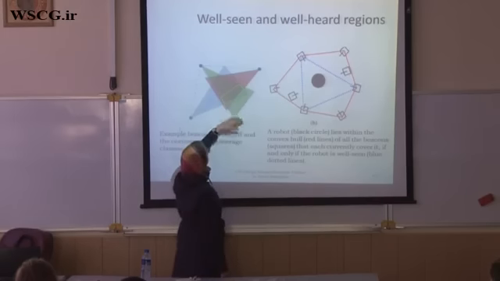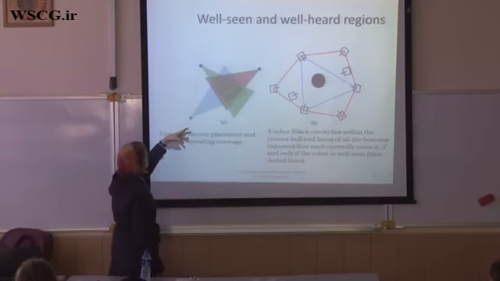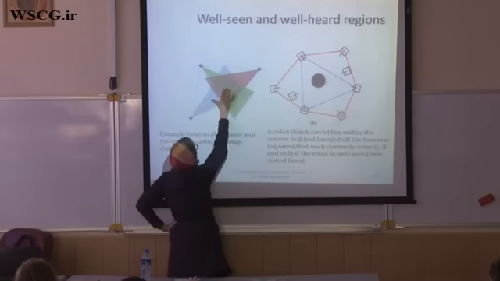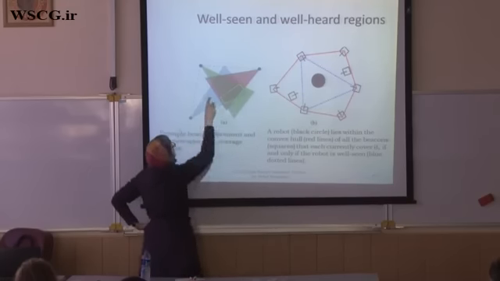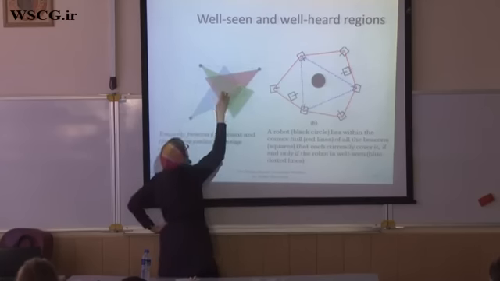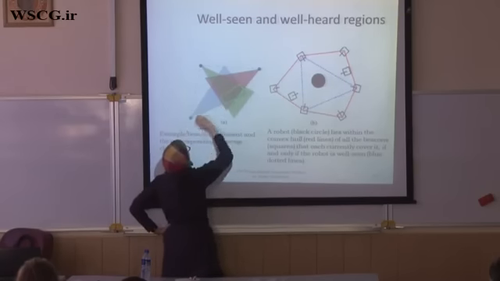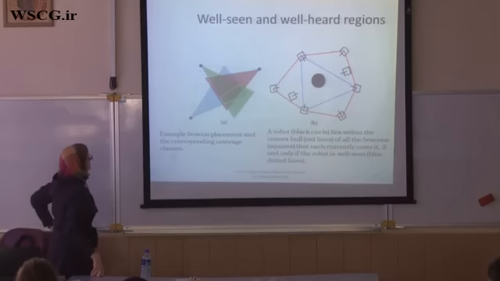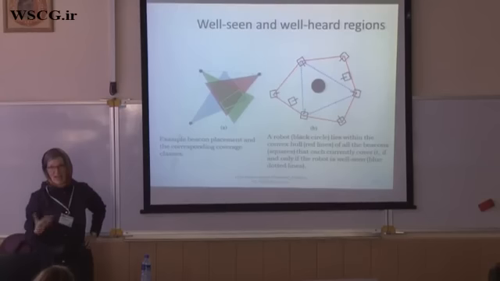So we called this well seen but not well heard, or maybe well heard but not well seen, whereas in this region here, these points are in the convex hull of the 3 beacons, and they're also in the 3 cones of the beacons. So that seemed like a really good area to aim for.